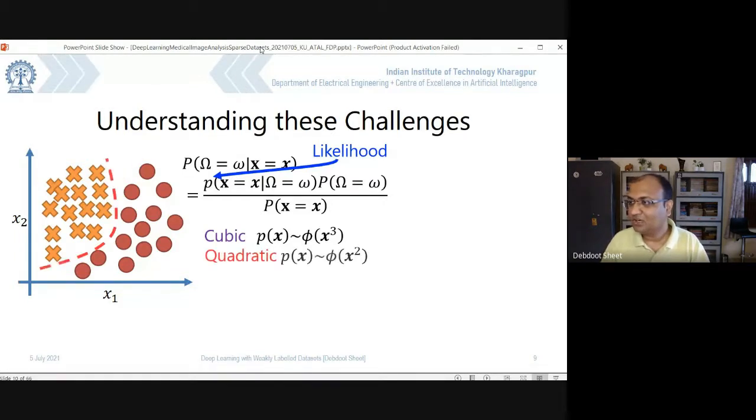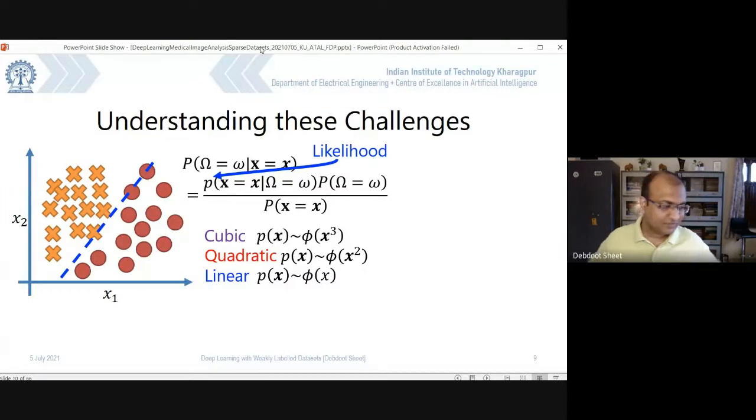Now, alternatively, you can also have this kind of a line which can define a likelihood, and that can be a quadratic polynomial, or you may even have a linear which can define this likelihood over there. The question is, is there a certain advantage which I gain, or maybe a certain disadvantage which comes into play if I consider a cubic versus a linear?